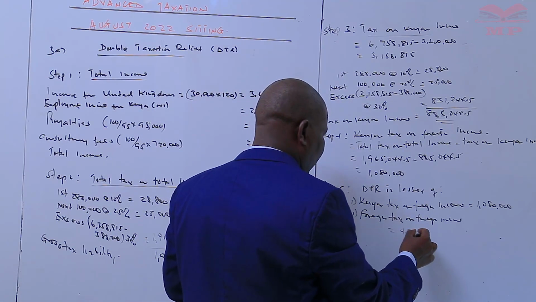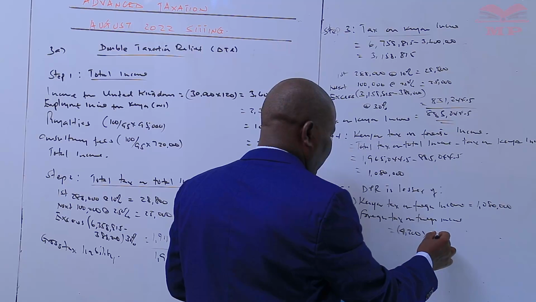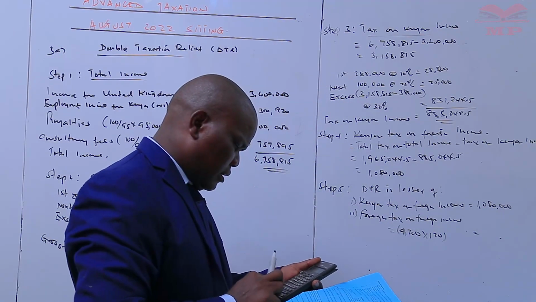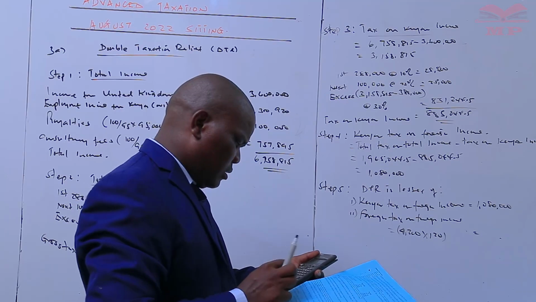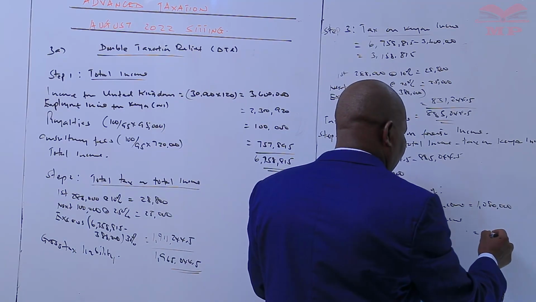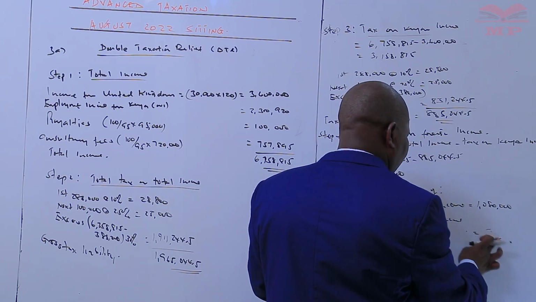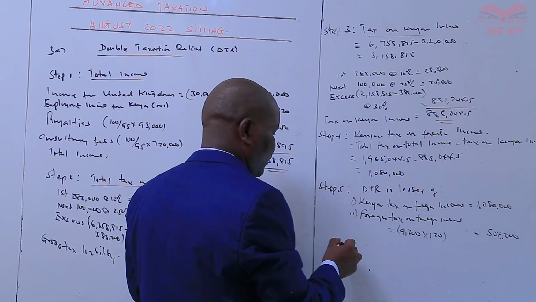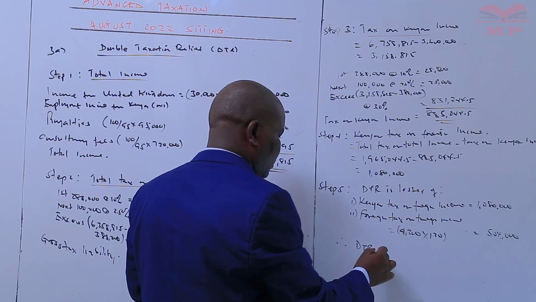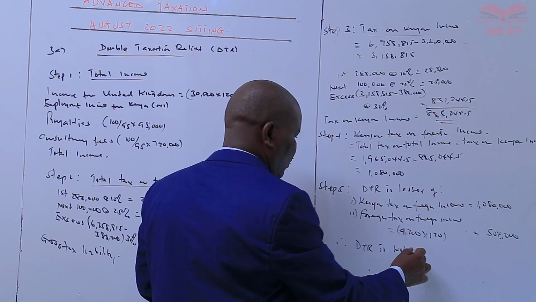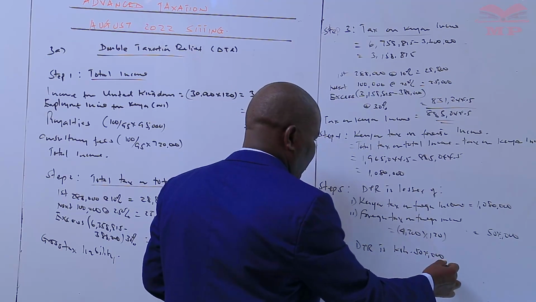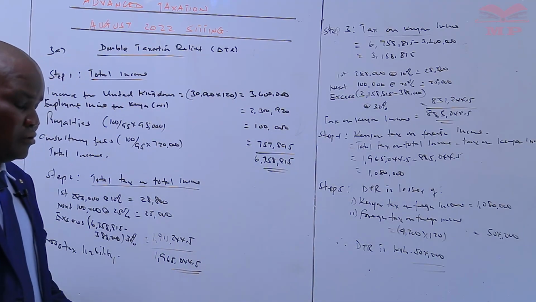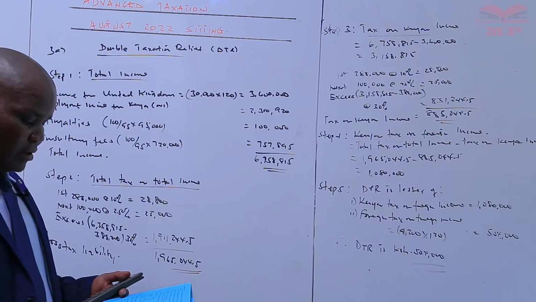We convert that into shillings, we multiply by 120. So 4,200 by 120 is 504,000. Therefore, DTR is Kenya shillings 504,000. That is the double taxation relief that the government will grant to this taxpayer for the year 2021.